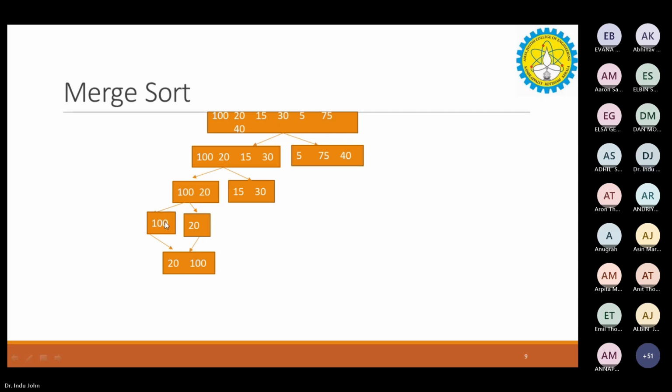Once you reach an array of size 1, then you consider that the problem is small enough to be solved directly. Basically, an array of size 1 is sorted in itself. So there is no sorting required on an array of size 1.